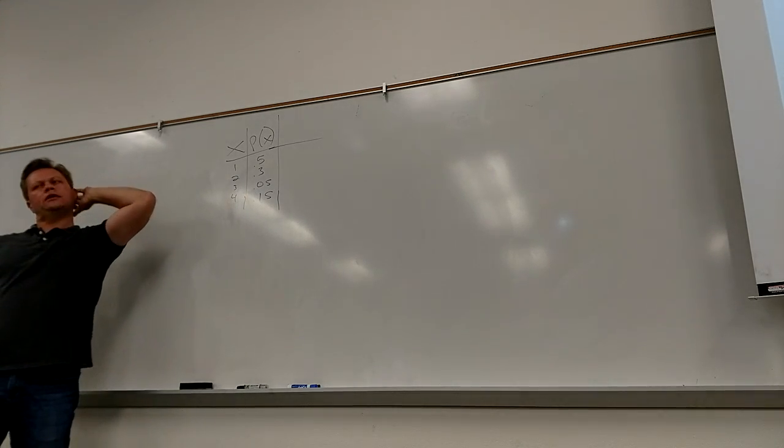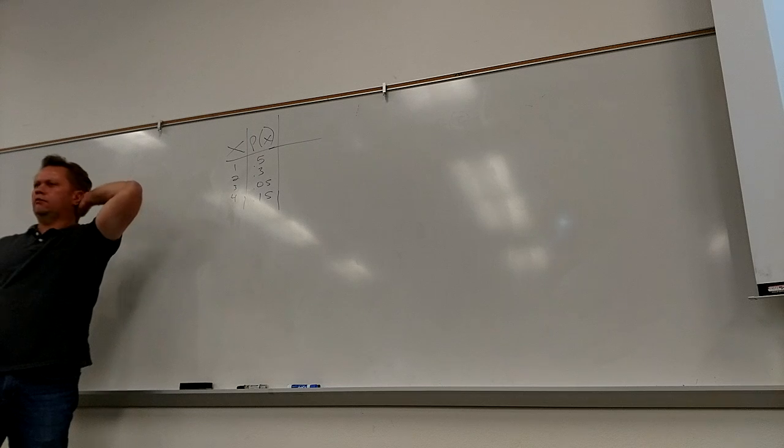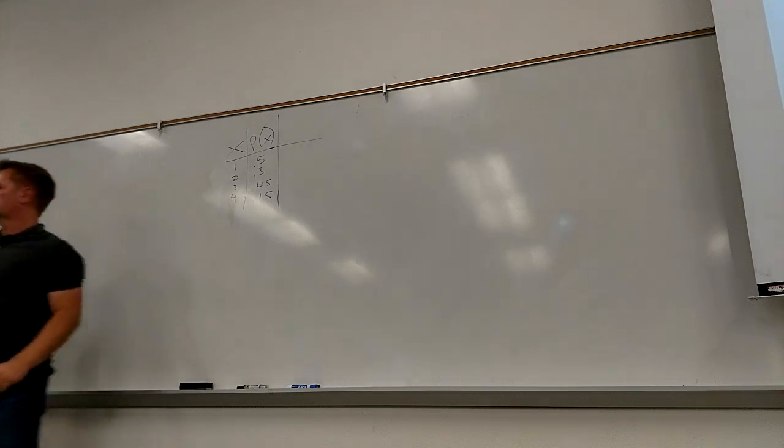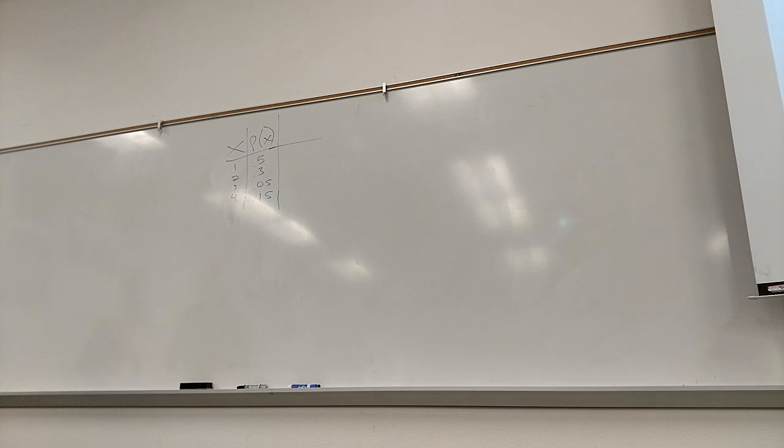Now, if I ask you right now, is this a valid probability distribution? What would make this invalid? Wouldn't it be invalid if the sum of p of x didn't equal 1?